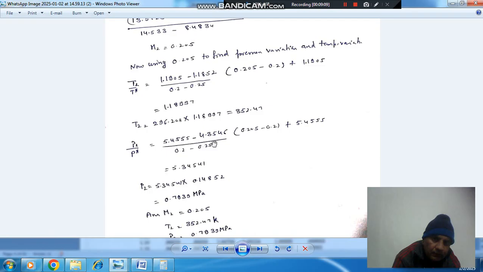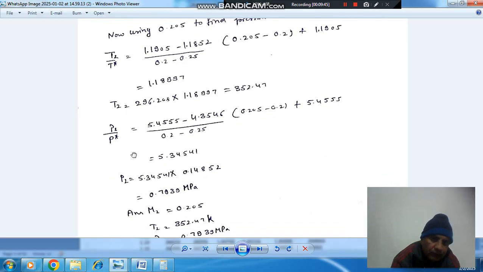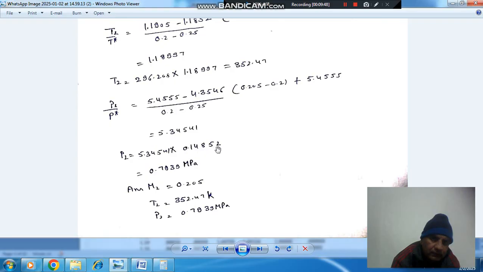That is the rate of change of P by P star with respect to the Mach number, and if we multiply this by 0.205 minus 0.2, that is the change in P by P star for that part, and at 0.2 the value is 5.455. Solving this we get P2 by P star as 5.3451, and P star we have got as 0.14852. So P2 will be 0.7939 atmosphere.